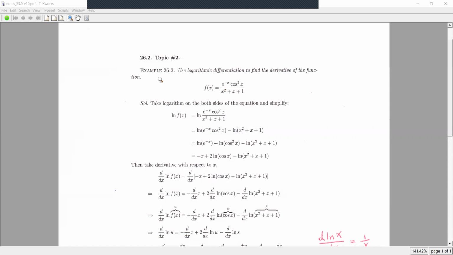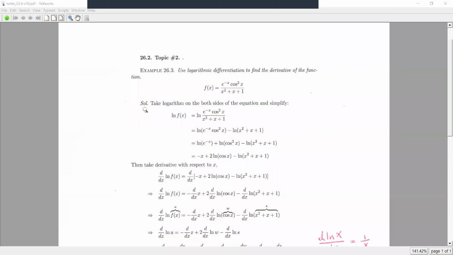Now, in this example, we need to use logarithmic differentiation to find the derivative. Namely, use log to simplify the function first, then compute the derivative.